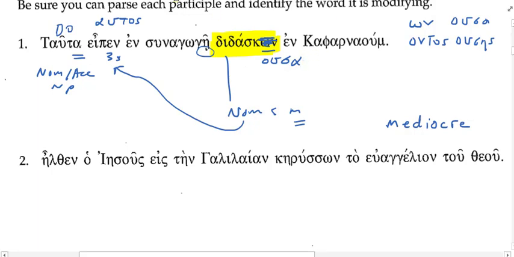How about didaskusai? Nominative plural and feminine. That's right. Now, in that situation, my subject would have to be third plural, right? And they said these things, teaching in Capernaum, and it would be a group of women. Okay?